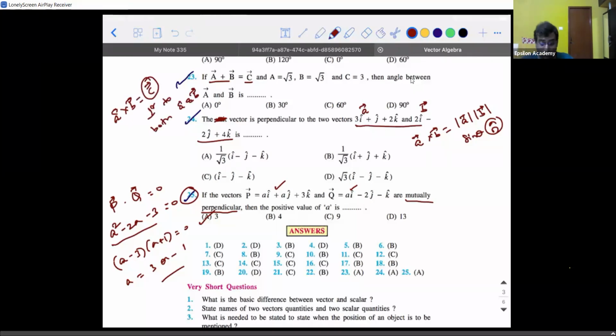But here the question is about a unit vector. So the first step is do the cross product. The second step is find C cap. C cap is nothing but C vector divided by magnitude of C vector. If you don't know how this formula has come, I suggest you revisit the concept of unit vectors.